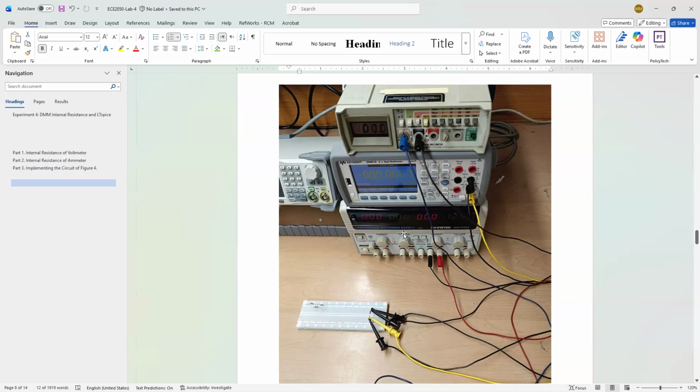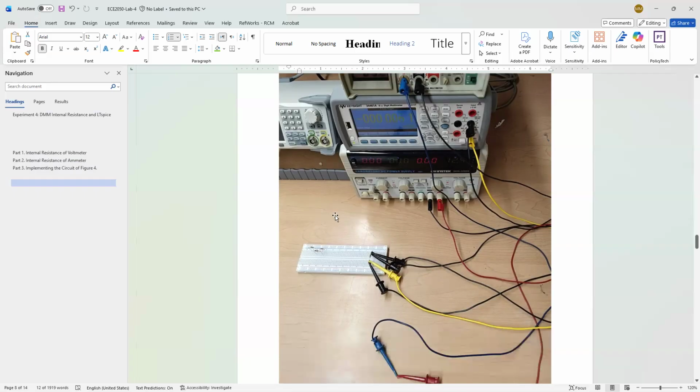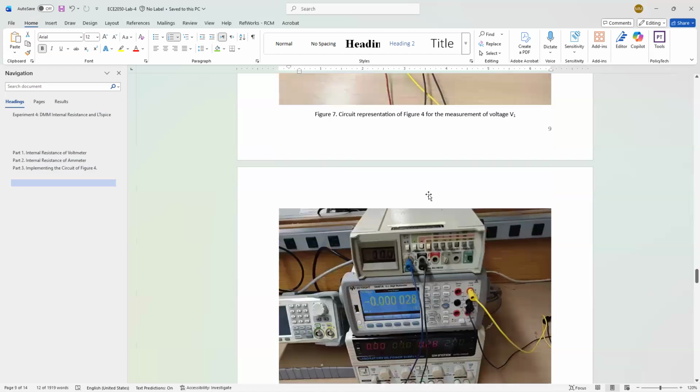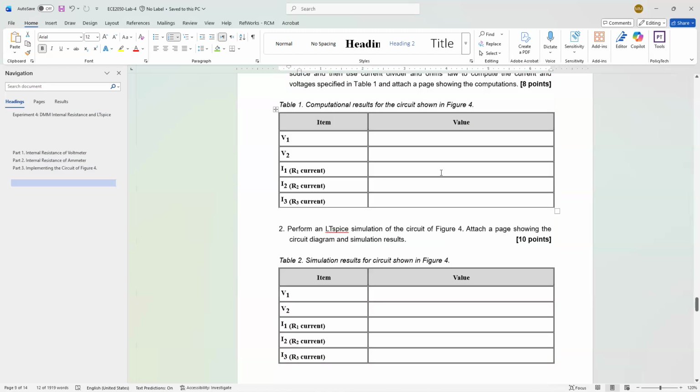So you need to learn it in this lab, because I am assuming you already know how to use the ammeter and these meters, since that's what we have done. After you finish this lab, you should be able to connect either a voltage source or a current source. If you don't learn it here, it's going to be a problem for you in the coming labs.